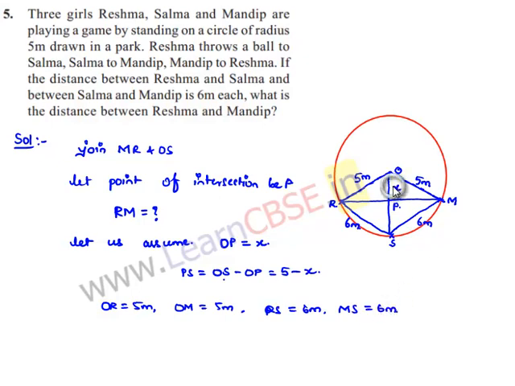Here we assume that OP is X, and we got PS equal to 5 minus X. Now let us consider triangle OPR and triangle OPM. OR is equal to OM, given as 5 meters each according to the problem, and OP is equal to OP, which is the common side for both the triangles.